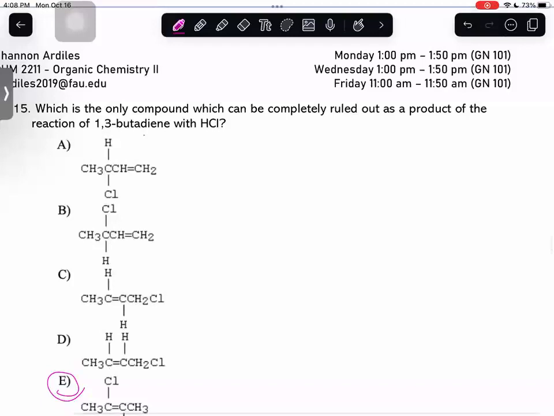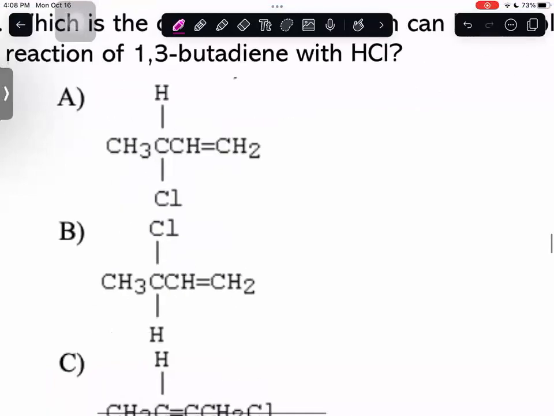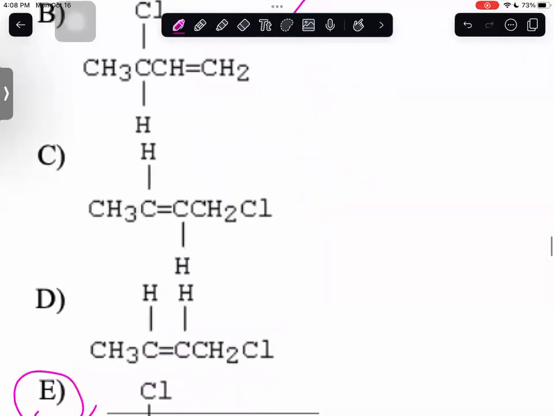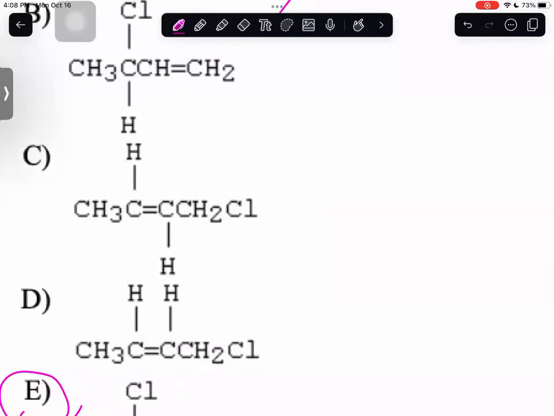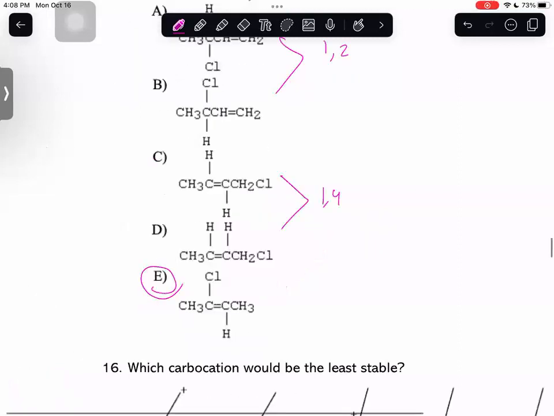So in this case, first of all, they're asking you for basically what's not the product. If we look at options A and B, what kind of product is that? It's the same thing. Is it 1,2 or 1,4? They're both 1,2. C and D, they're the same exact molecule. So what kind of product is that? It's just 1,4. Option E was the odd one out.